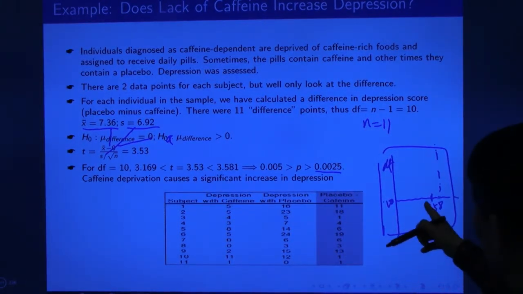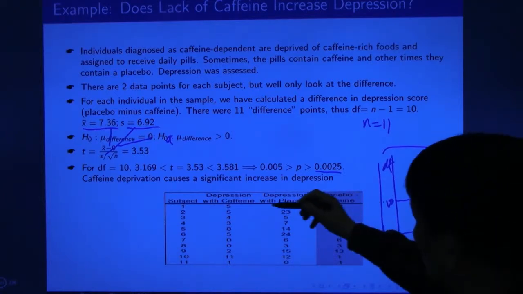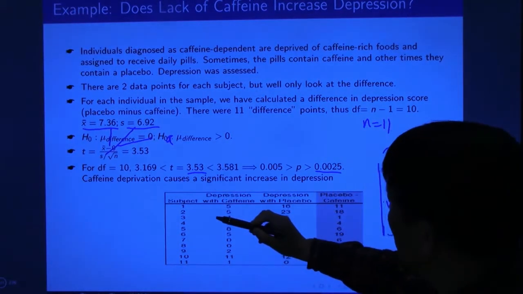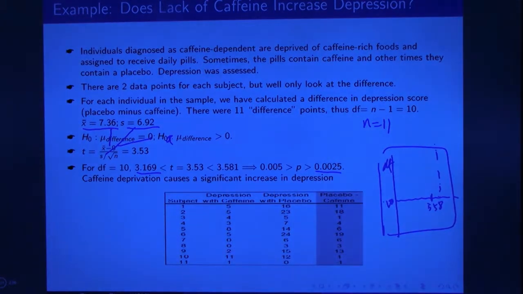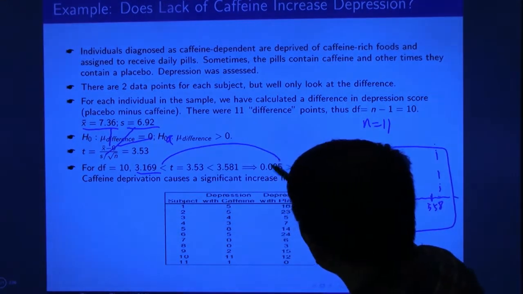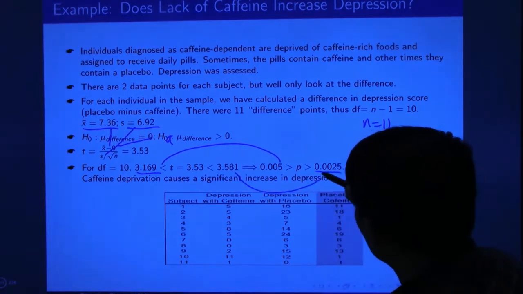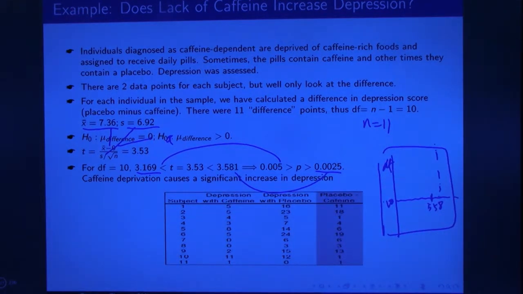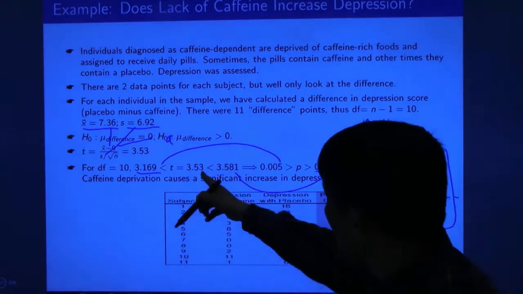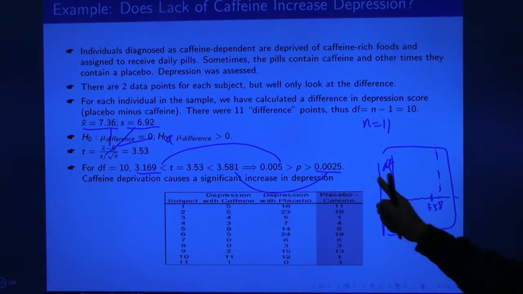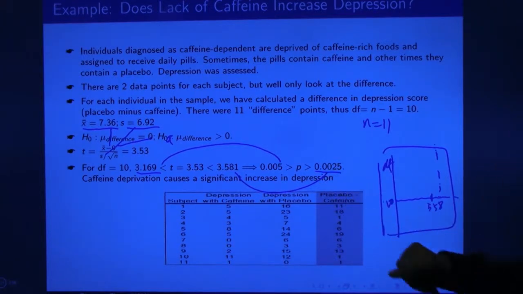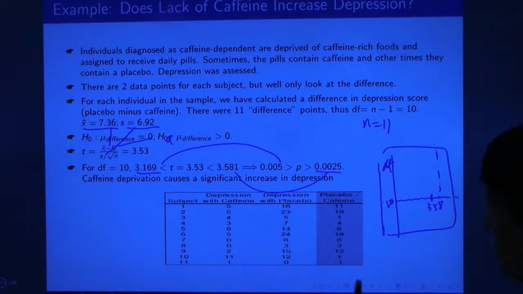The other side is 3.169, corresponding to a p-value of 5%. Our value will be in between, so that means the p-value will be larger than 0.0025 but smaller than 0.005.